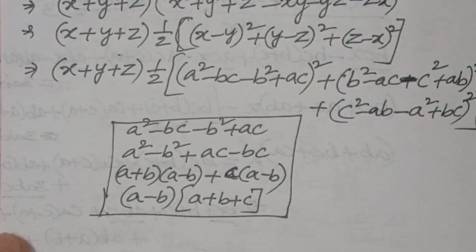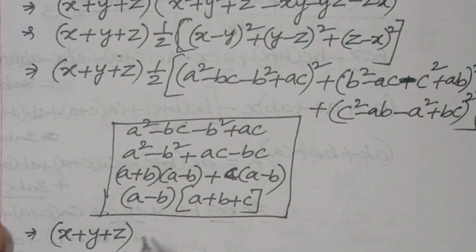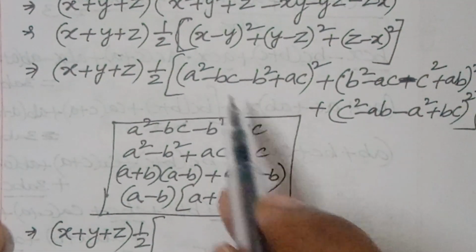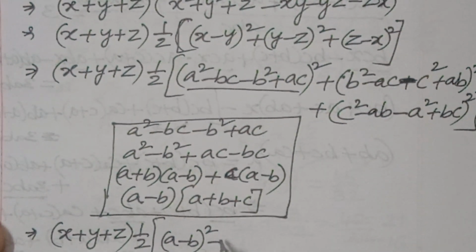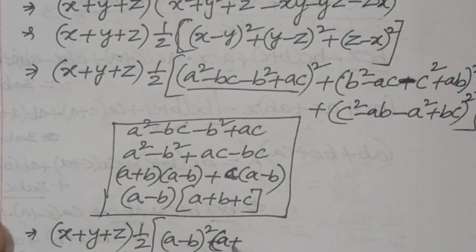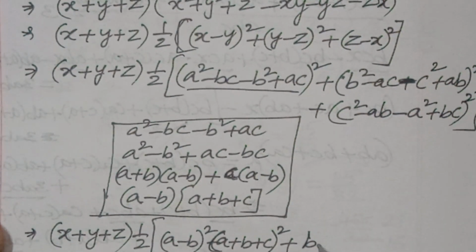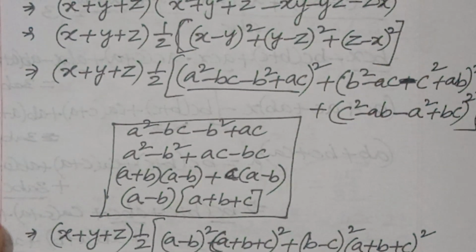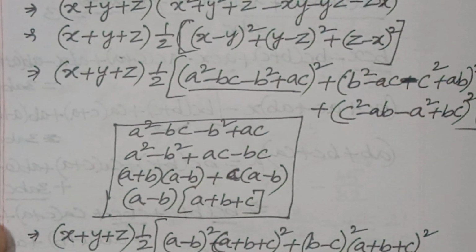Now I will substitute this value here. So x plus y plus z into 1 by 2 of this value. You get a minus b whole square into a plus b plus c whole square. Second one you will get b minus c whole square into a plus b plus c whole square. Third one you will get c minus a whole square into a plus b plus c whole square.